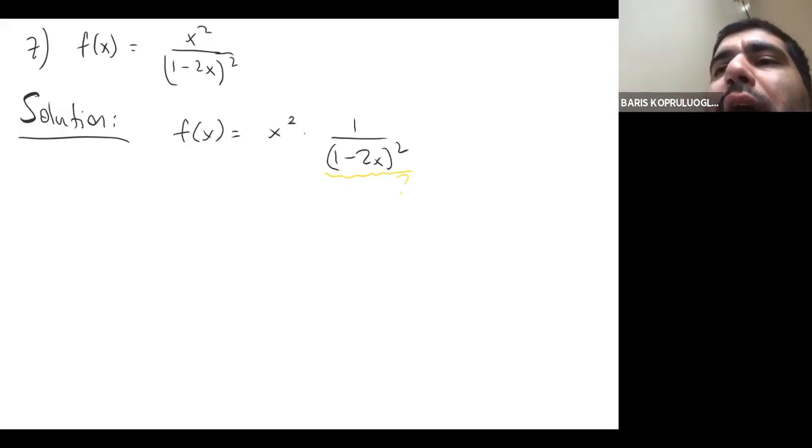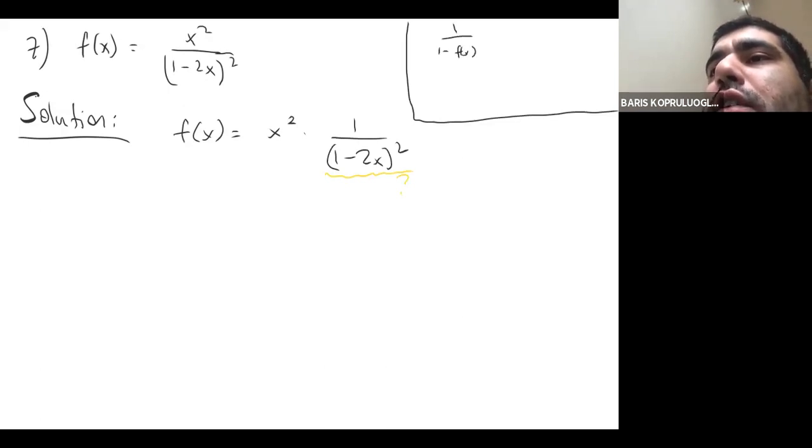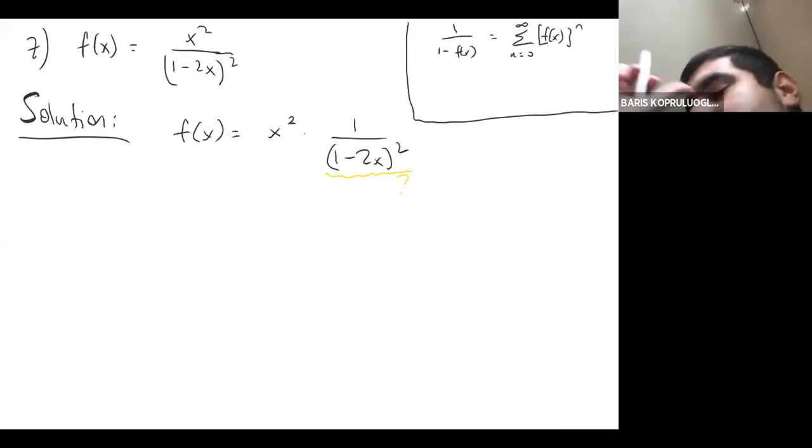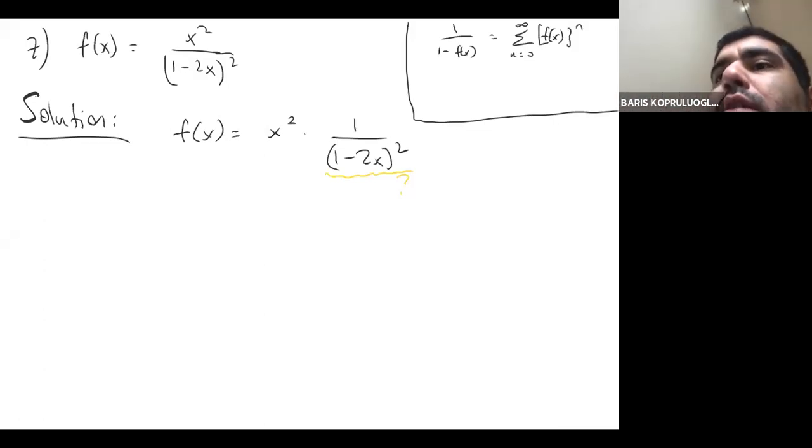So 1 minus 2x squared, what do we know about the power series? Only thing we know is 1 over 1 minus a function is always going to be the sum of f(x) to the power of n. Okay, so how can we manipulate 1 over 1 minus 2x squared to the regular power series form?